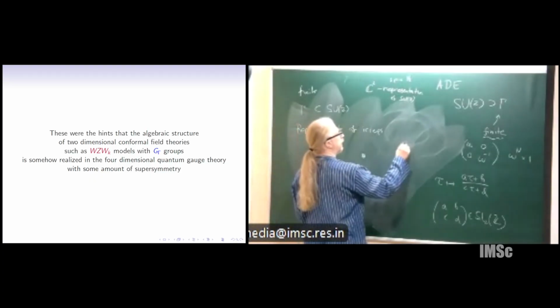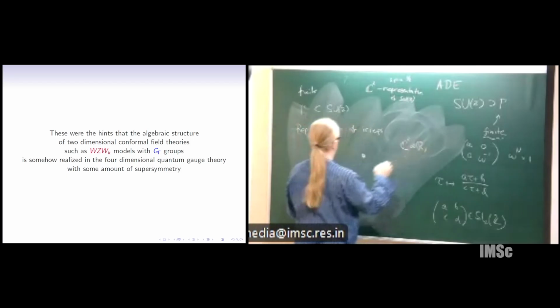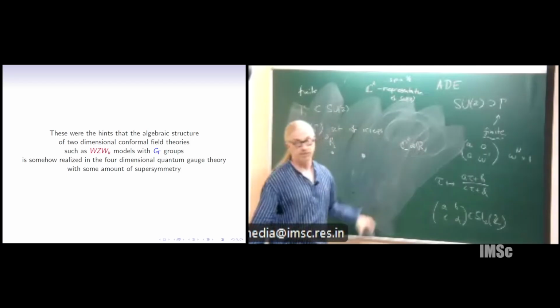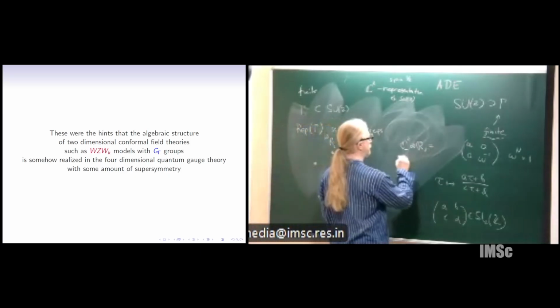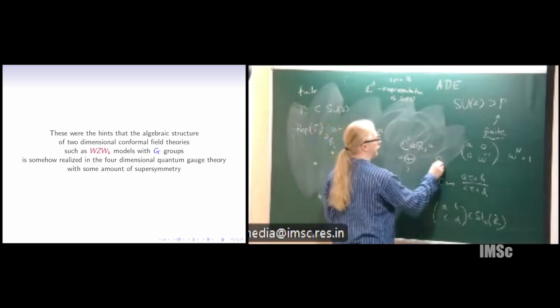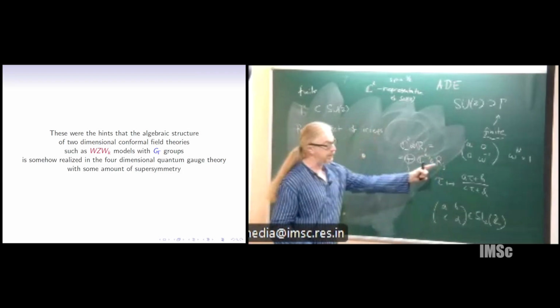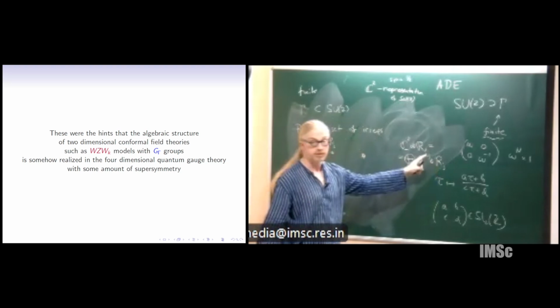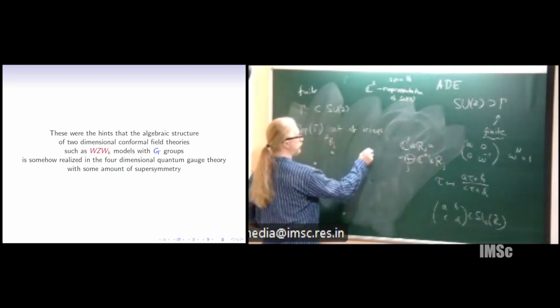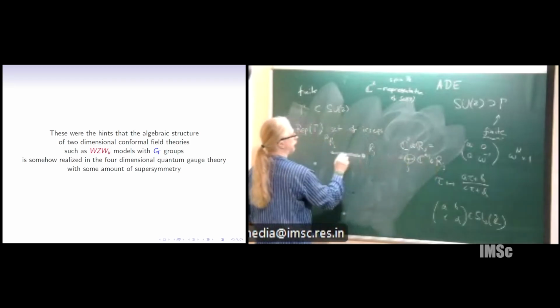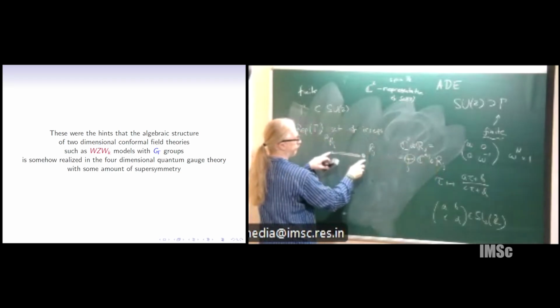So I can take the representation which corresponds to any vertex, tensor multiply by C^2, and then decompose it into a sum of irreducible representations with some multiplicities. And if the representation j appears in this decomposition, you connect these two vertices with A_ij edges.